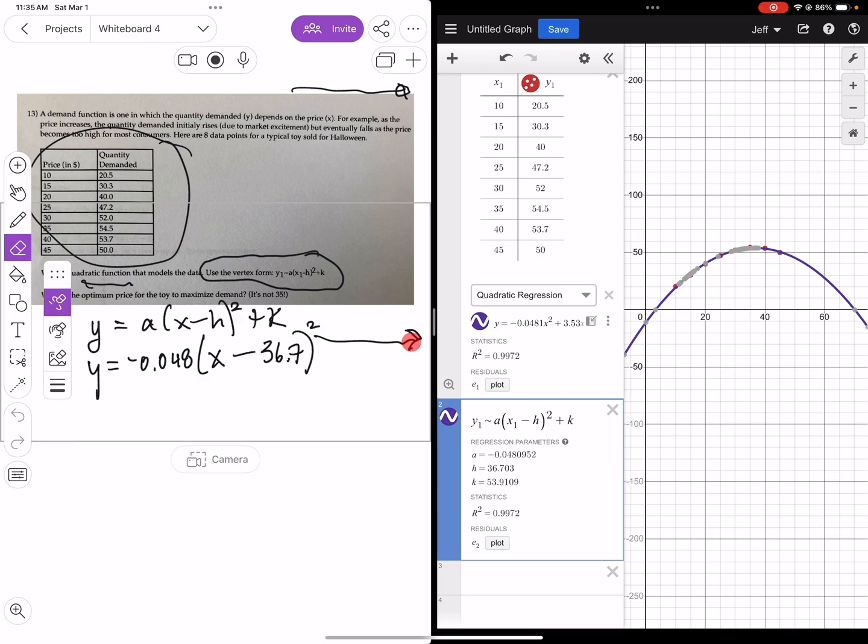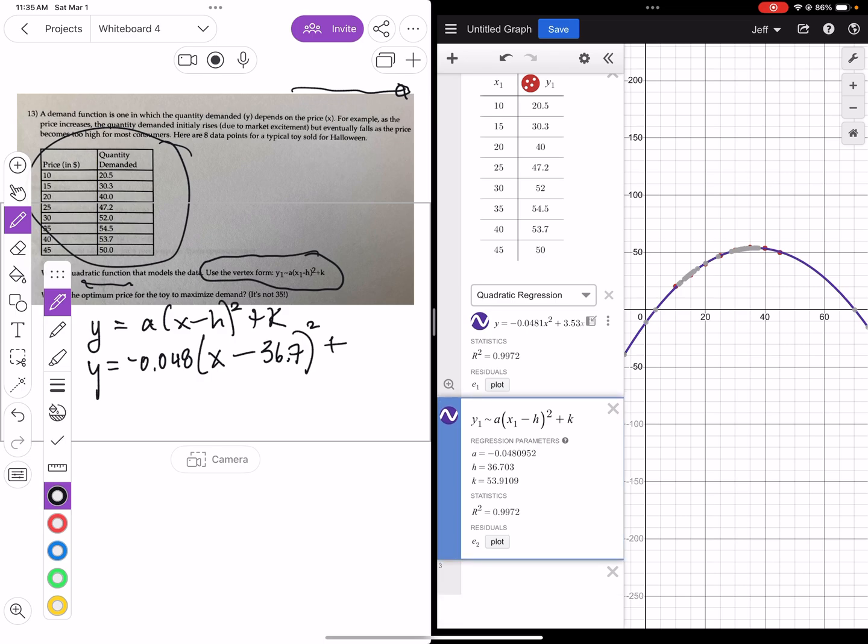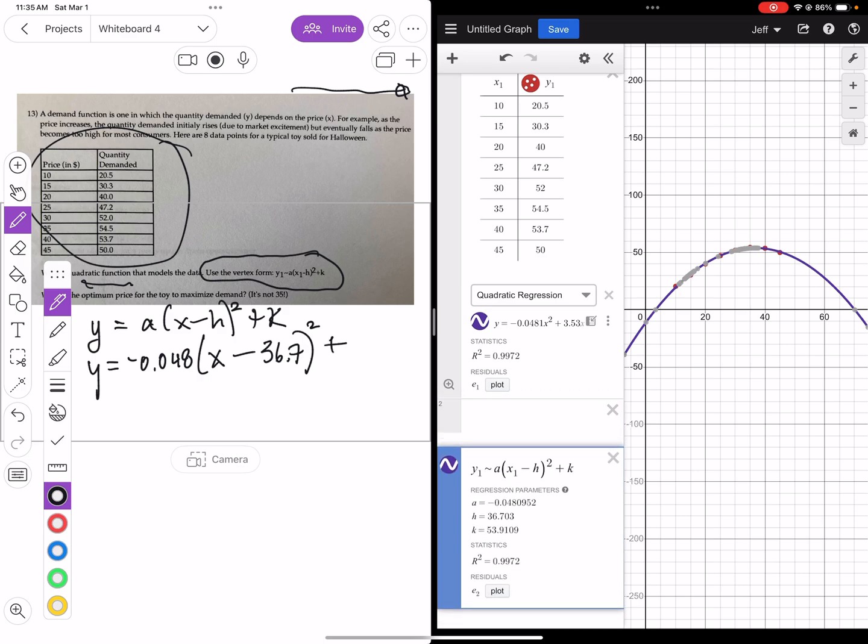Let me get rid of that arrow. Okay, plus my k value is 53.9. So that's the function then that controls this data up there.